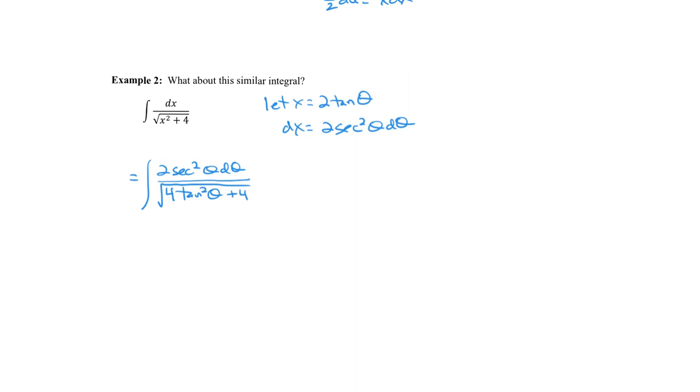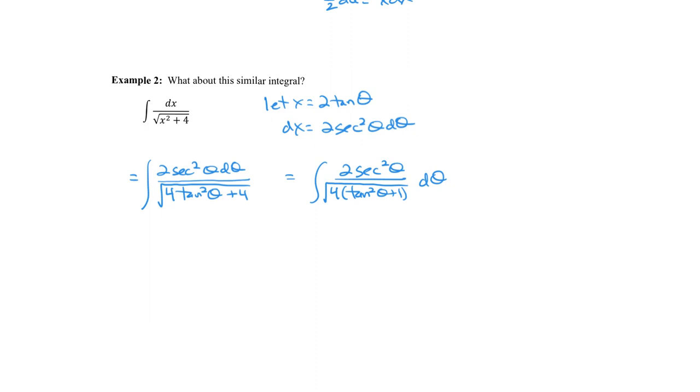And then over here, we can notice that we can do something. We could factor 4 out of here. I'm just going to leave this like this. I'm going to write d theta off to the side here. And I'm going to factor out this 4 to get tangent squared theta plus 1.